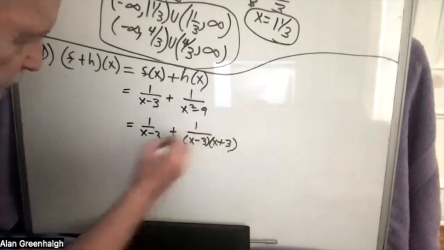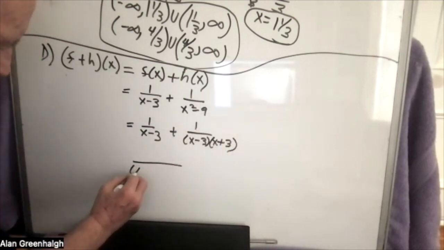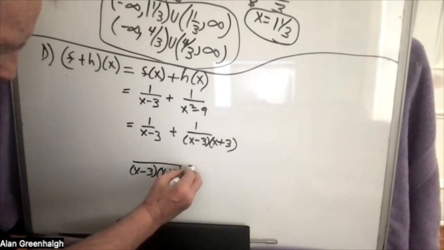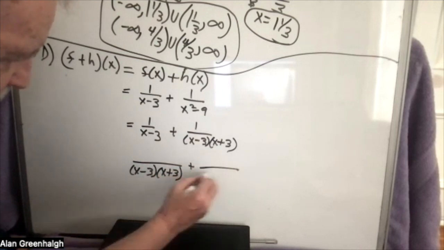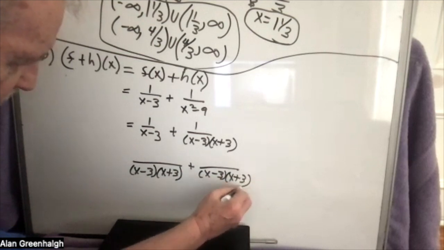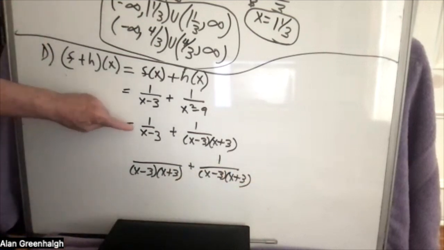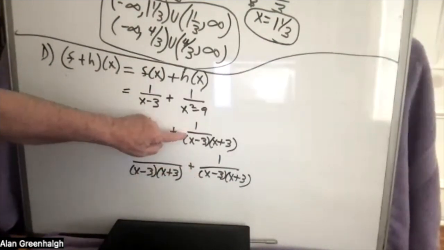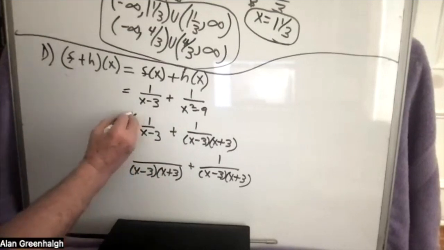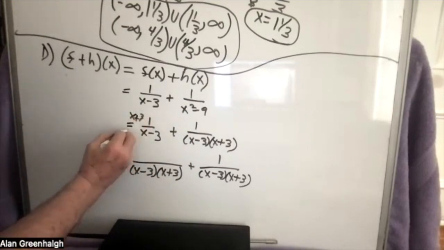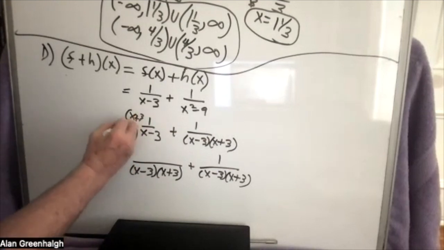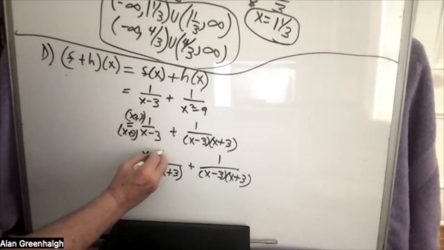The least common denominator will be x minus 3 times x plus 3, plus x minus 3, x plus 3. Now, what's missing, this is the same, so we don't do anything. But here, we're missing an x plus 3, so we have to multiply by x plus 3 over x plus 3. And this will be x plus 3.